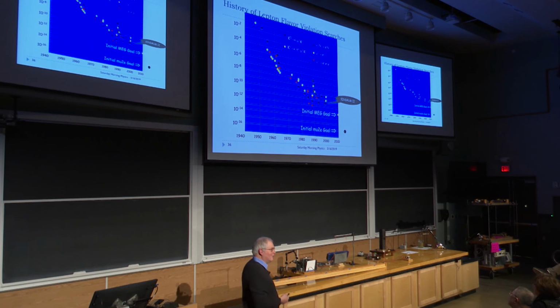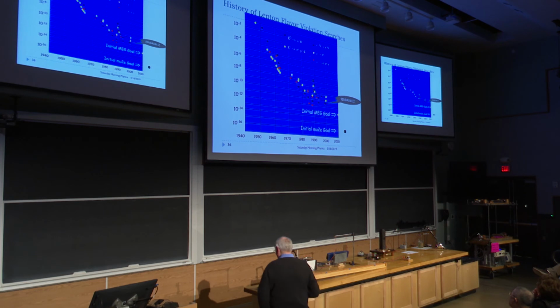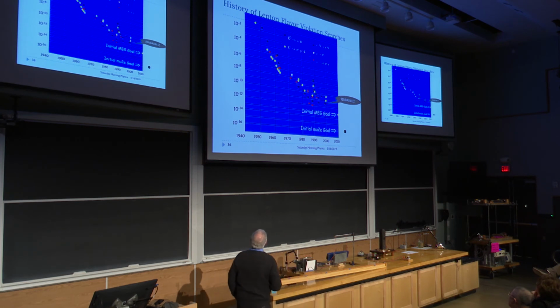That would also violate this lepton number conservation, and it has some of the best limits out here. Here's where we want to go. Here's where all of the efforts to date have landed. You've got to be an optimist to want to get down this far.